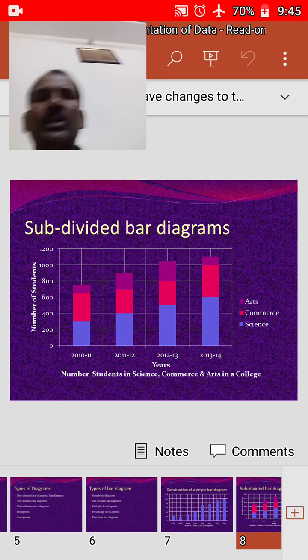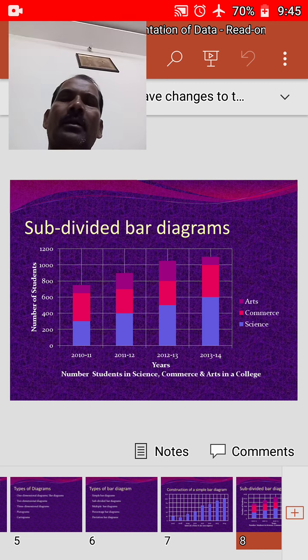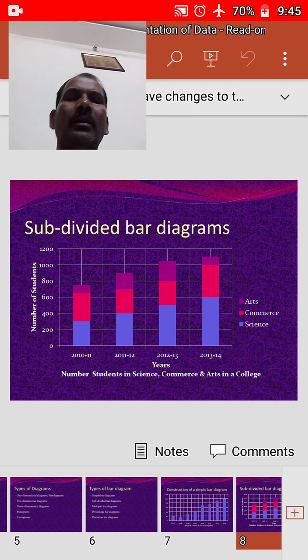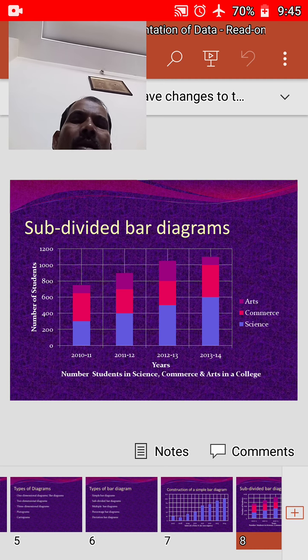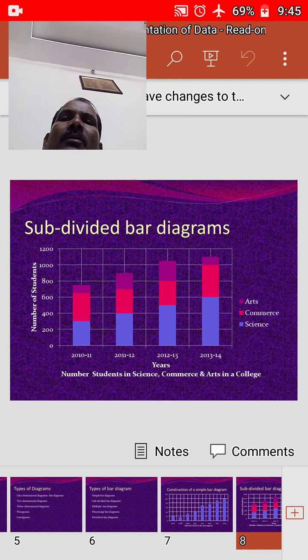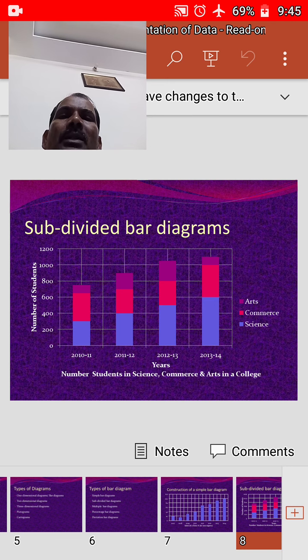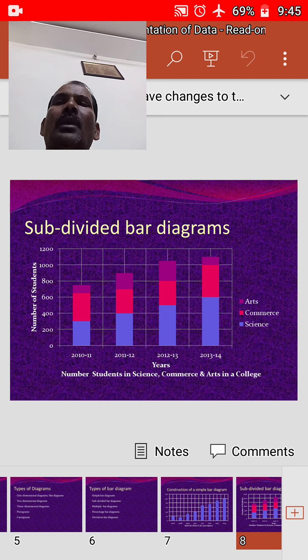Generally, if we use chalk and pen or paper and pen, we use lines, shades or something else, but with the use of PPT, with the use of a computer, we can make it colorful. Subdivided bar diagrams are useful to present both absolute and relative values of the data. However, it is more convenient to show a set of distribution ratios such as percentage distributions.